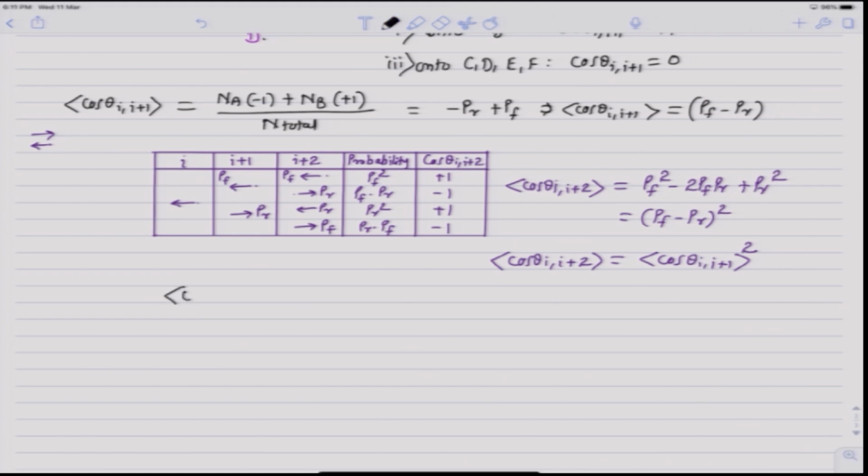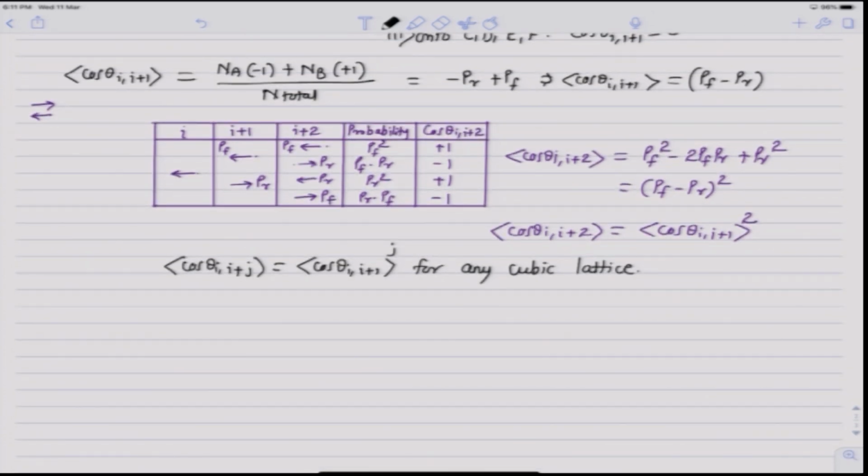So, we have shown average cos theta i+j is equal to average cos theta i+1 to the power j for any cubic lattice. This is important because when I have to consider cos theta i+j, I have to consider the combination of every jump with every other jump that occurred after it.